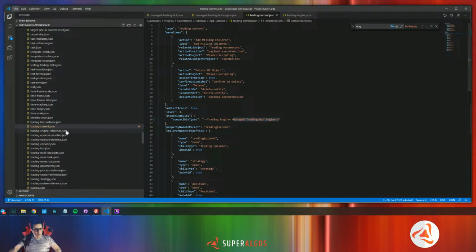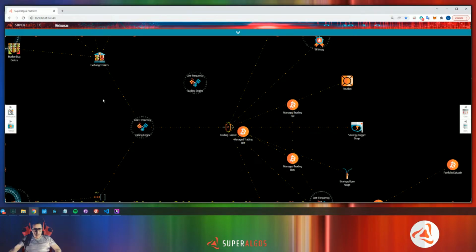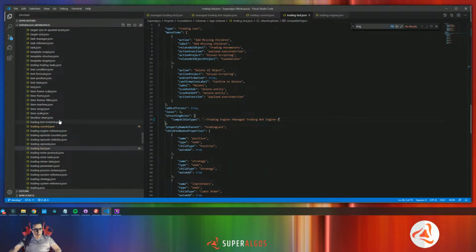Trading current, trading last, and exchange orders.